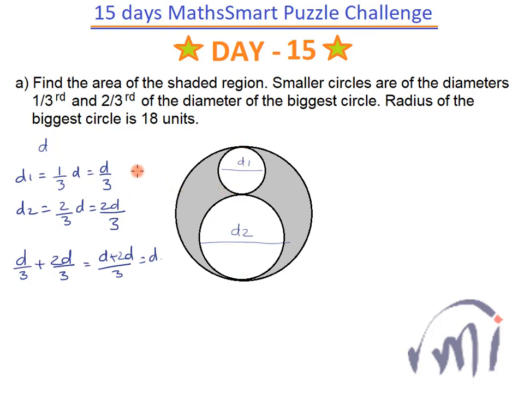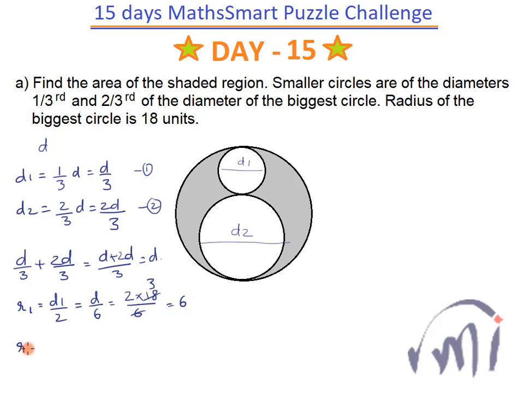Okay, so if I call this equation 1 and this equation 2, and if I divide the first equation by 2, I'll get the radius of the smallest circle, which is d1 by 2, which is also equal to d by 6. The radius of the biggest circle is 18 units, so R1 will be 2 multiplied by 18 divided by 6, which is equal to 6 units.